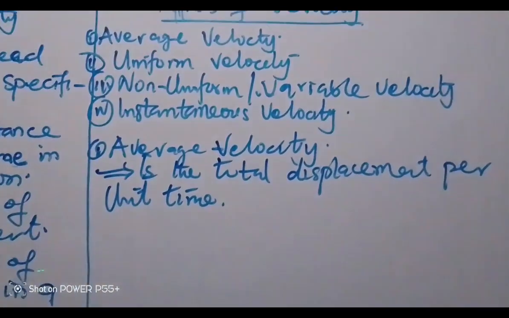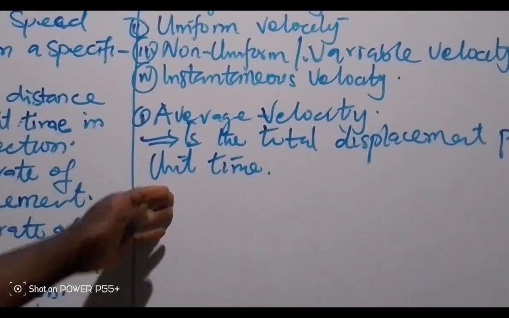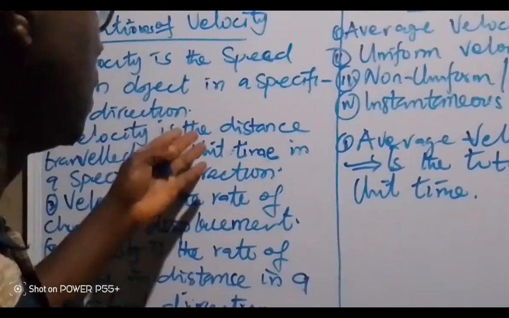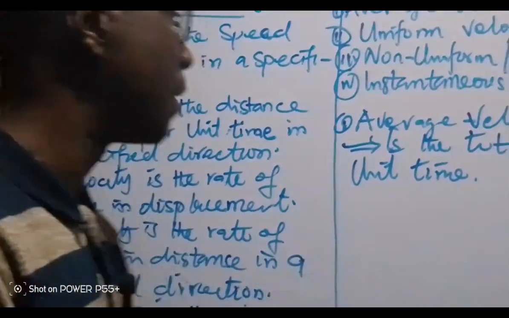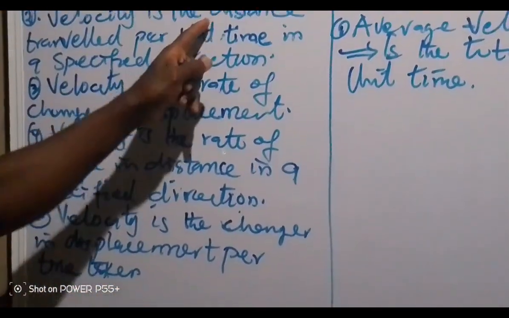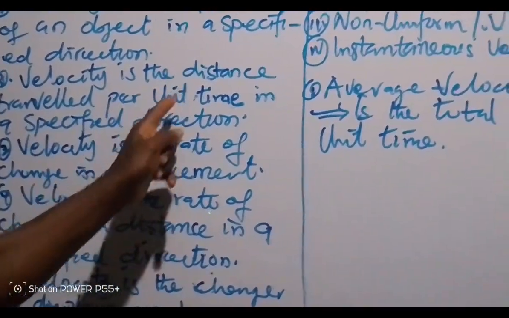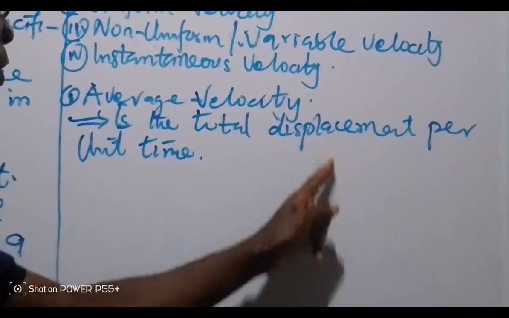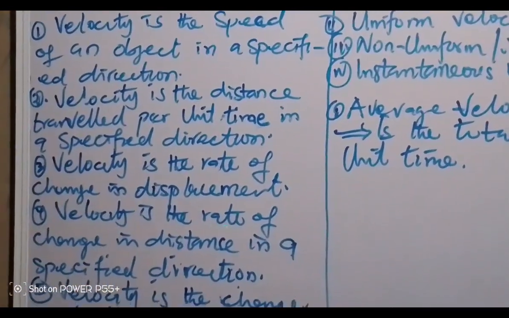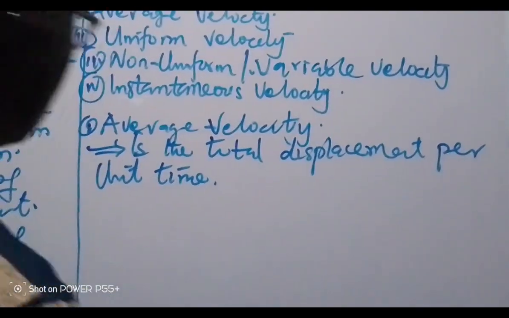Total displacement per unit time. According to all these definitions, you can take any one to define it. Just make sure you add total. Now, if you want to use distance instead of displacement, then you need to add in a specified direction. Anywhere you remove displacement under velocity, then you need to add in a specified direction. So, average velocity is total displacement per unit time.